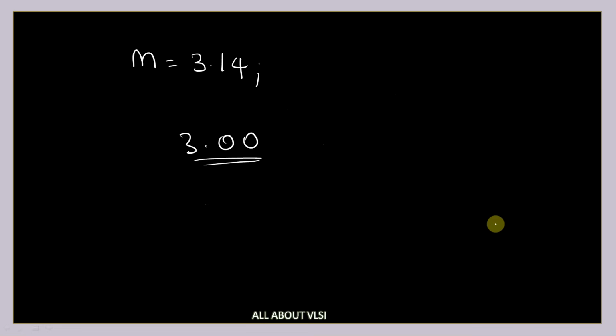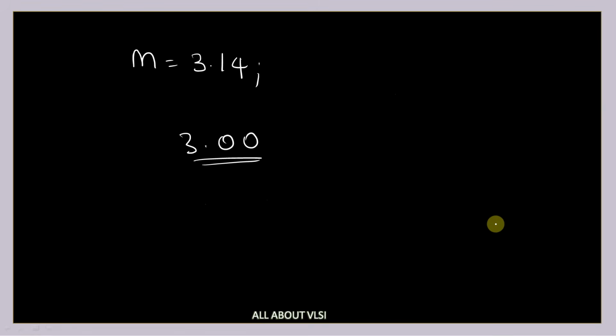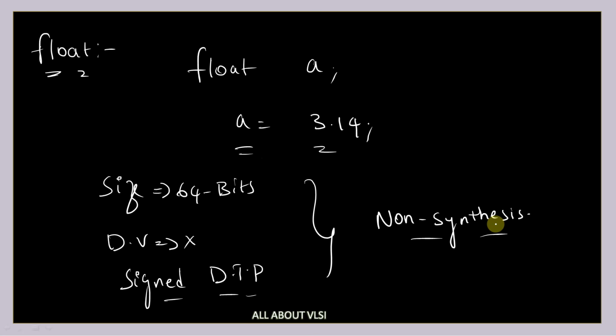If I'm not mentioning whether it is synthesizable or non-synthesizable, then by default they are synthesizable. Previously I was not saying whether they are synthesizable or not, so by default you can assume that they are synthesizable. If I mention explicitly that they are non-synthesizable, then those particular constructs are non-synthesizable. So this was about your float data type.